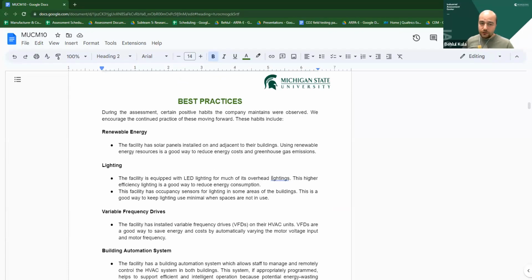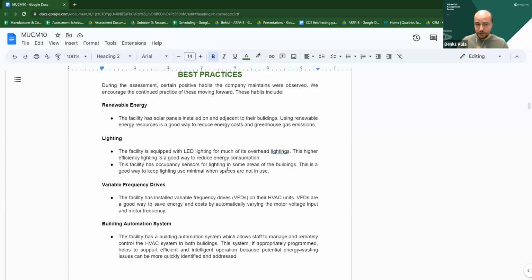Also, this section includes the best practices we observed during the assessment. I can start with renewable energy, because we have solar panels for both buildings, and it's a very good way to save energy and reduce greenhouse gas emissions. And for the lighting, you mostly replaced your lights with LED, and you also have occupancy sensors for most of the locations.